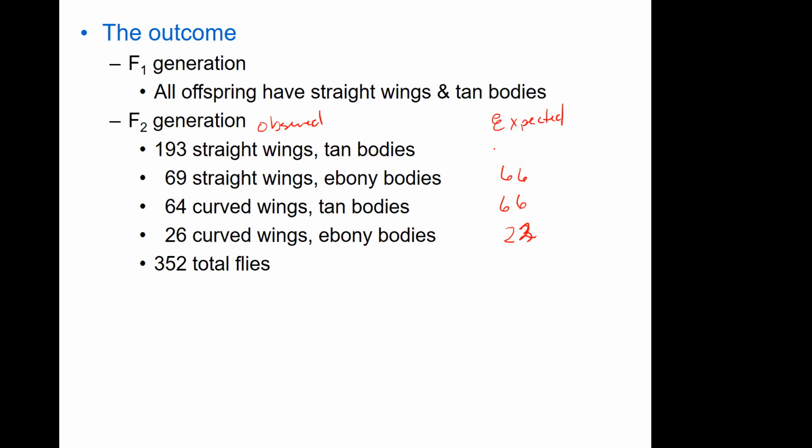I'm going to need calculator help on that one. 198. So the expected numbers, right, would be 198, 66, 66, 22. And our observed numbers are close to, but not identical to, those values.